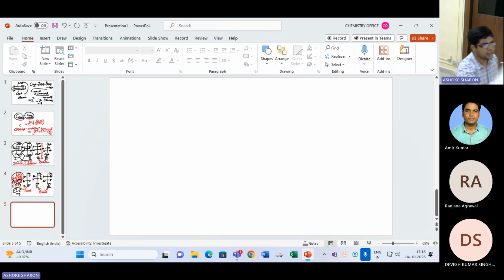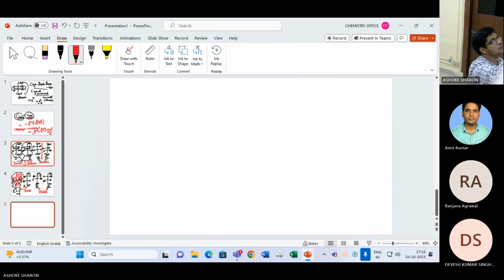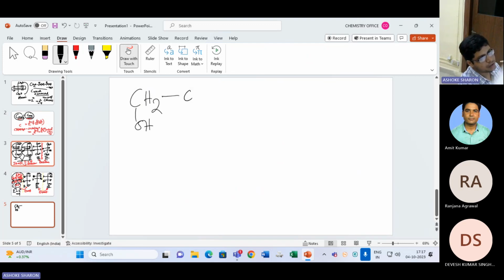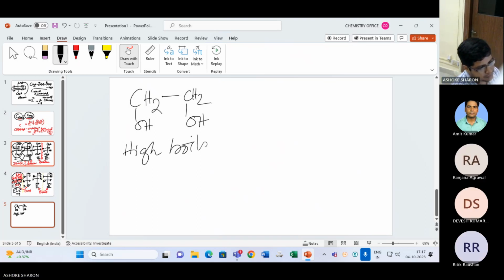Sometimes these questions arrive in the exam. This is called ethylene glycol. This kind of compound shows a high boiling point.